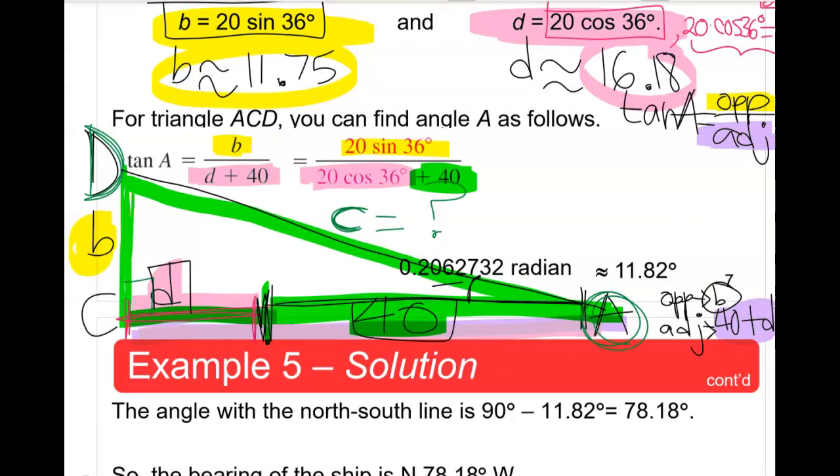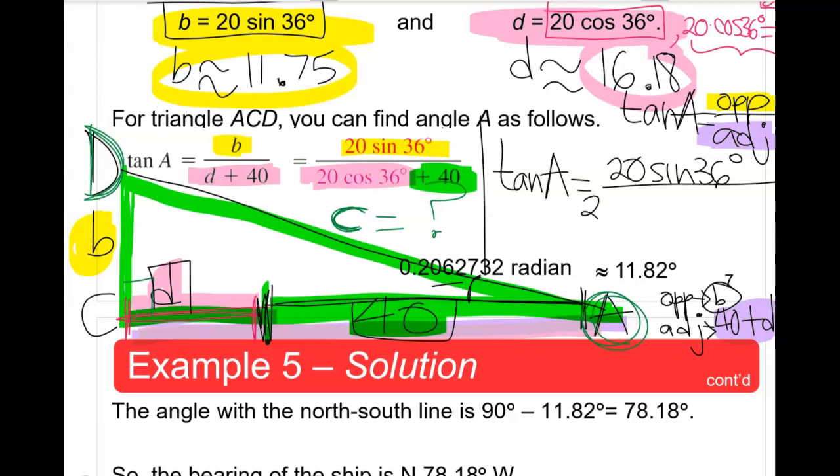Okay, so now we have an expression that looks like this. Tangent of A is equal to 20 sine of 36 degrees over, I'm just copying the same thing, 20 cosine of 36 plus 40.